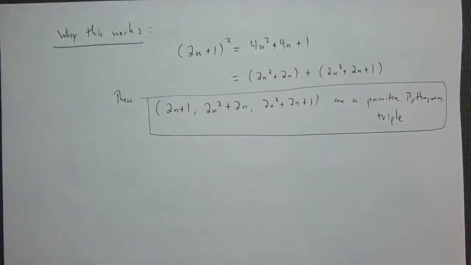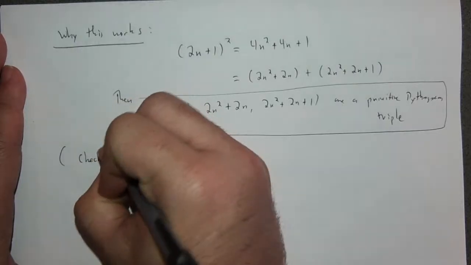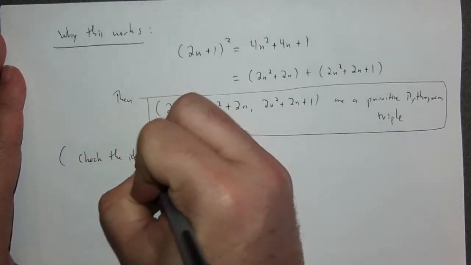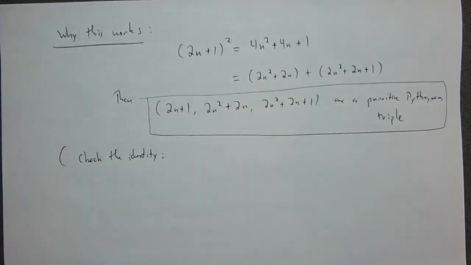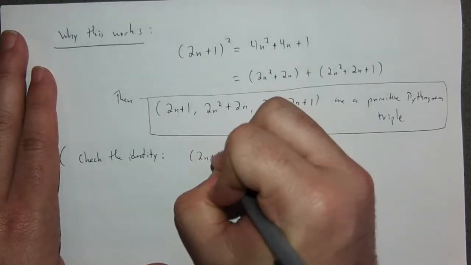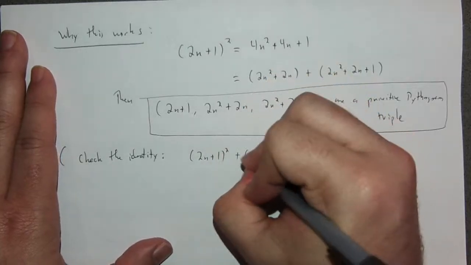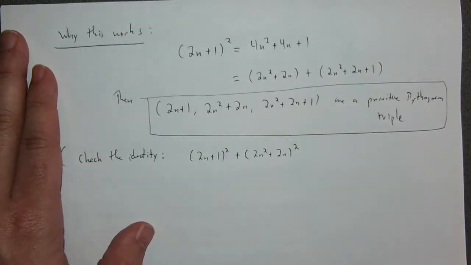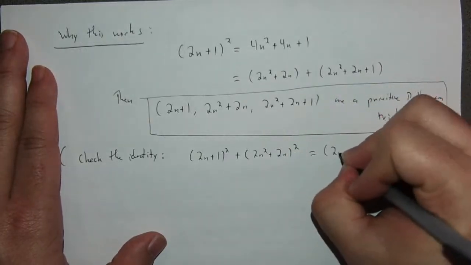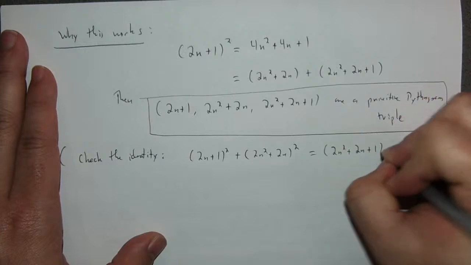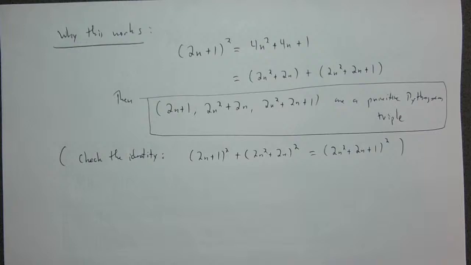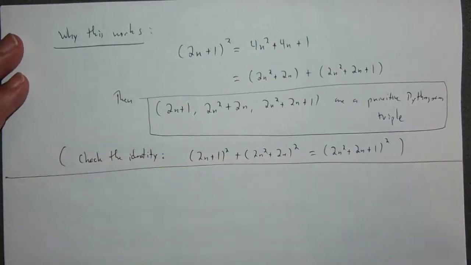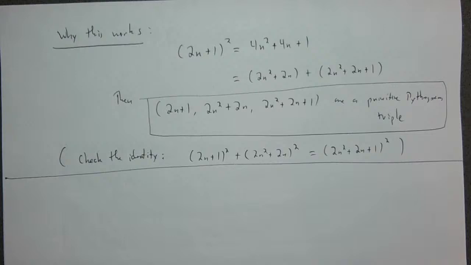And the reason why is you can check the identity, which is that 2n plus 1 squared plus 2n squared plus 2n all squared is equal to 2n squared plus 2n plus 1 all squared. So check that yourself to actually make sure that this works, but that's why it works. That's how the algebra works out.